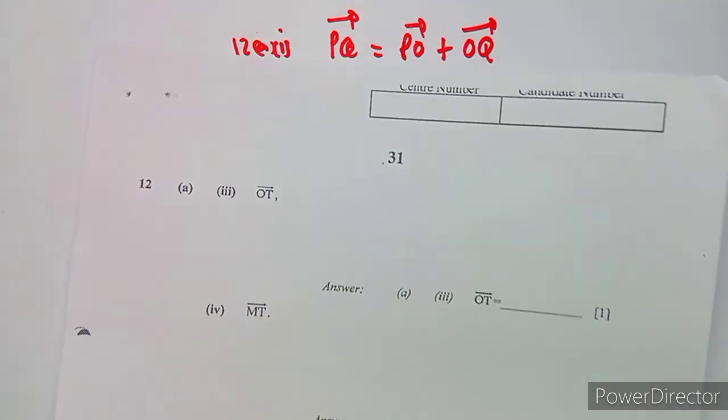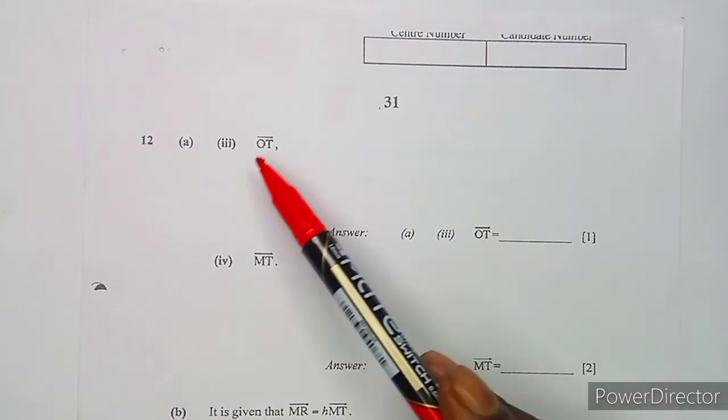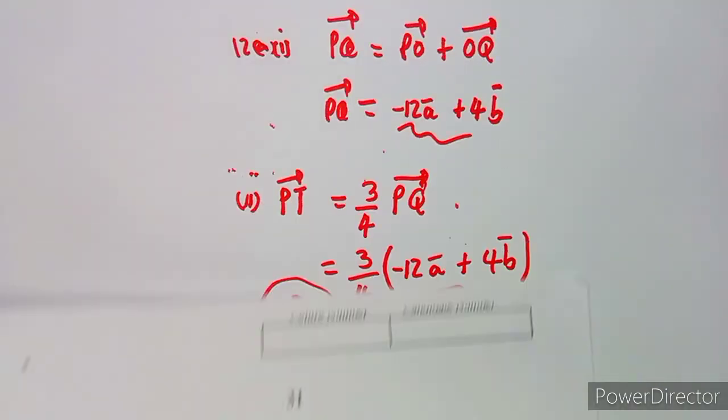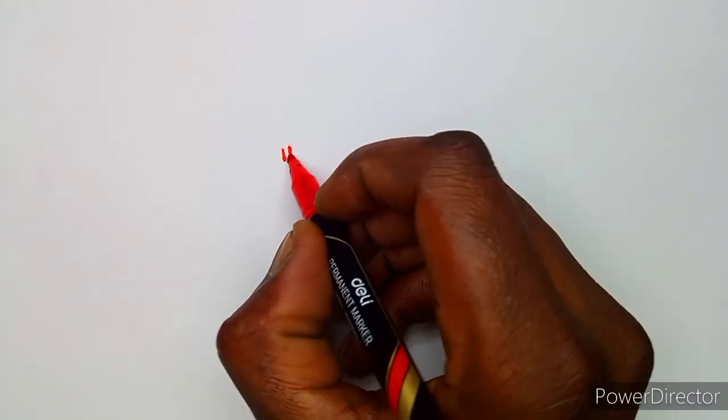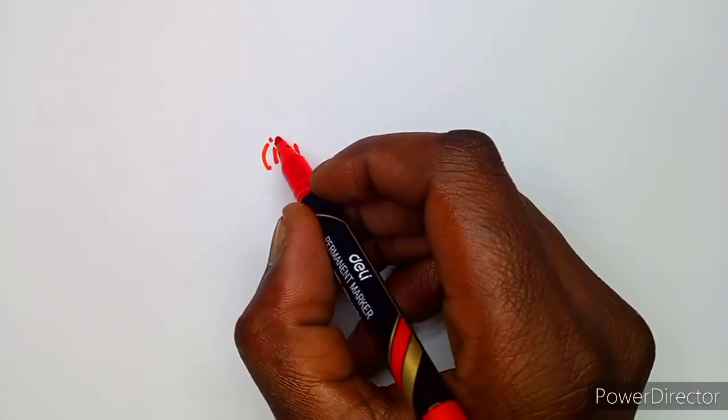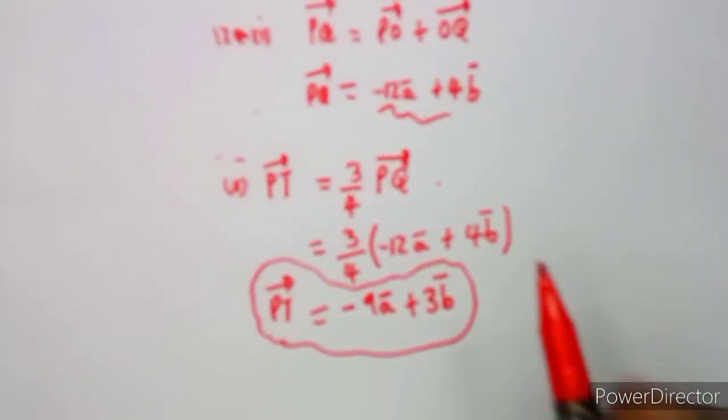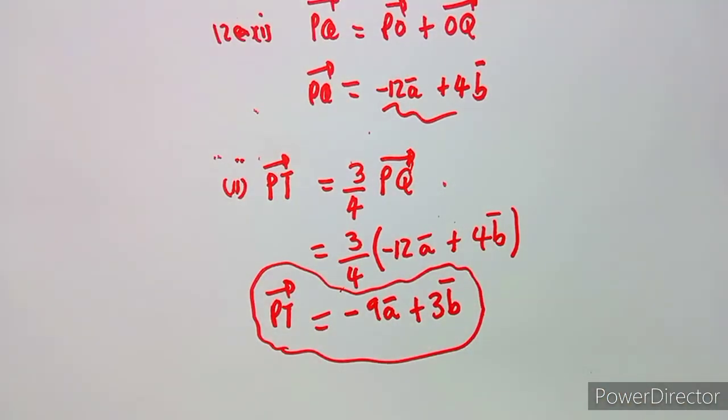Let's see. This part is now to find vector OT. All right, so OT, that means we need a route that we are going to take, and you must also consider that these vectors that you calculated must play a part on your diagram.